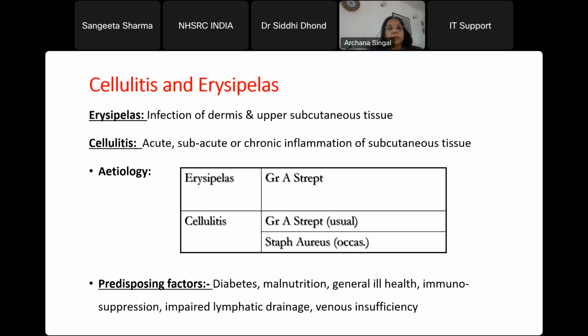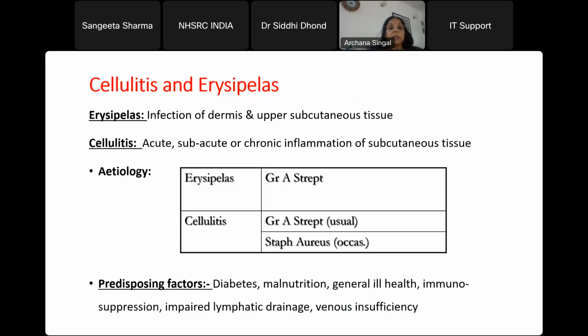Coming to other bacterial infections which are again common, cellulitis and erysipelas. Erysipelas is infection of the dermis and upper subcutaneous tissue, while cellulitis is acute, subacute, chronic inflammation of the subcutaneous tissue. Now, if the inflammation is superficial, in the dermis here, it will be well defined.